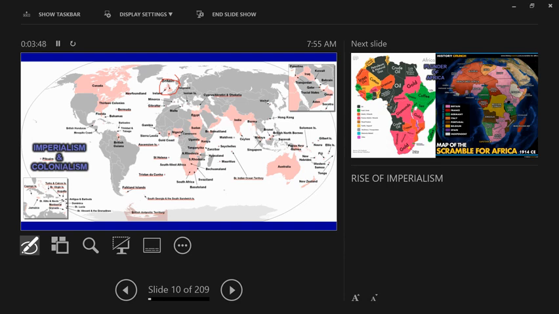Have you ever heard the term "the sun never sets" on the British Empire? This is how that is: wherever the sun is, it's shining on one of the colonies of England. The purpose of having all of these colonies is to be in charge of places that have resources and bring those resources back home so that you can build more factories, build more things, have more technology and stuff like that.